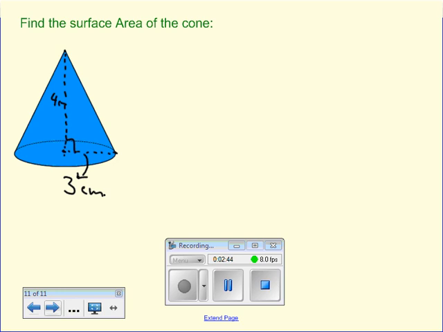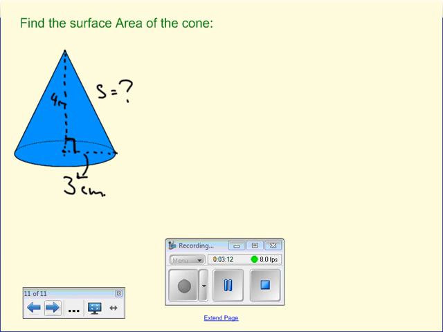So I want to find out the surface area, but I'm missing one key piece of information. I don't know what the slant height is. I don't know what the slant length is. But if you notice, between the height and the radius, I am forming a right-angled triangle. So using the Pythagorean theorem, which we learned about in lesson 8.1, we can figure out what this slant height is.